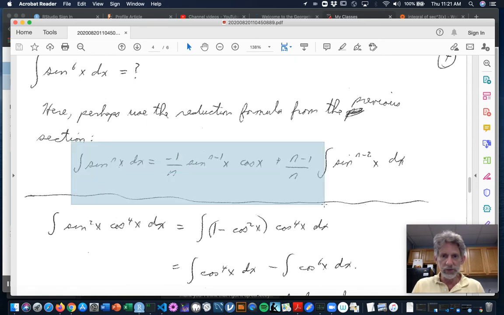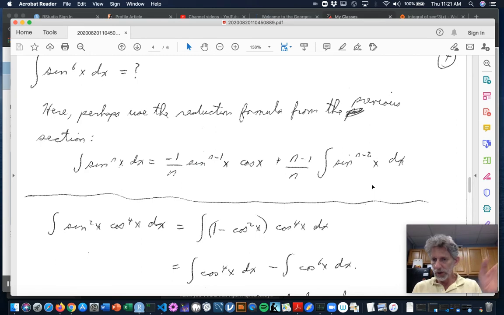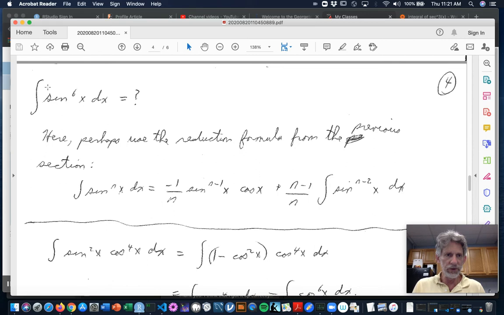Here's that reduction formula in case you don't remember it from the last section. They prove it in the book in the last section. And you should feel free to use that instead if the powers are so high.